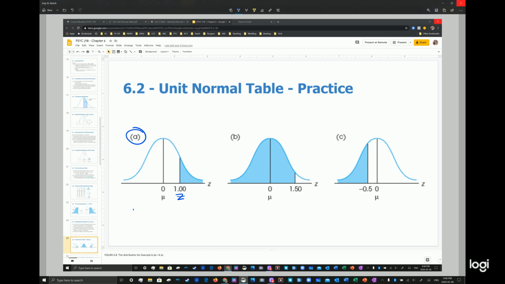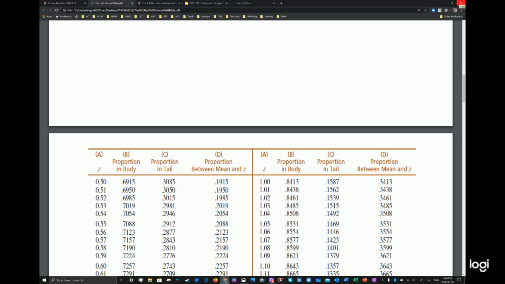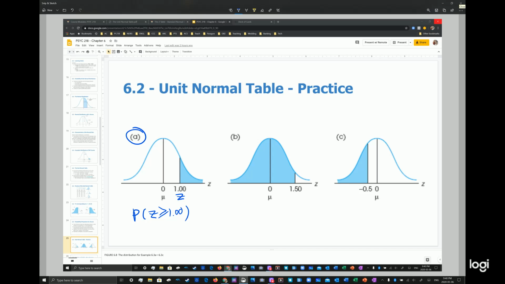And so the probability of a Z score being greater than or equal to 1.00, well, we look at the distribution in the unit normal table and locate 1, which we have. And then we need to identify whether it's the body or tail. Well, this is the smaller portion we're looking at, so it's the tail.